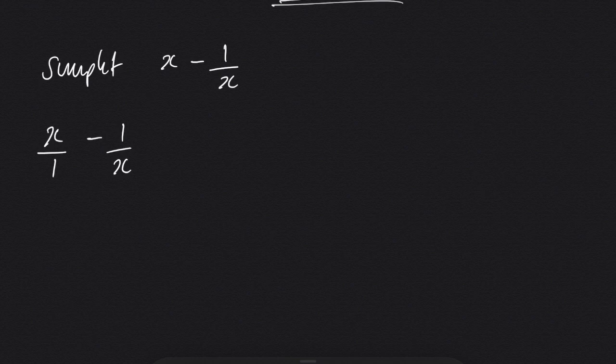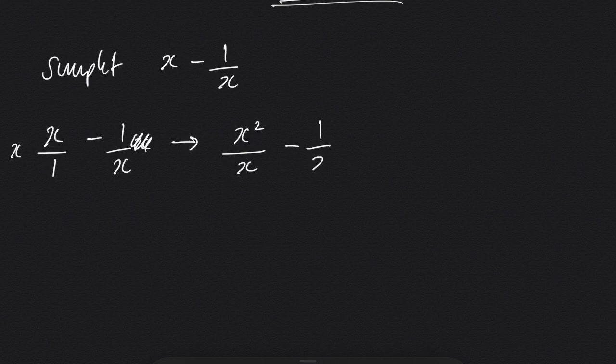Well, this is quite simple. We can see it's an x. So if we multiply this by x and this by x, we get x squared divided by x minus 1 over x.